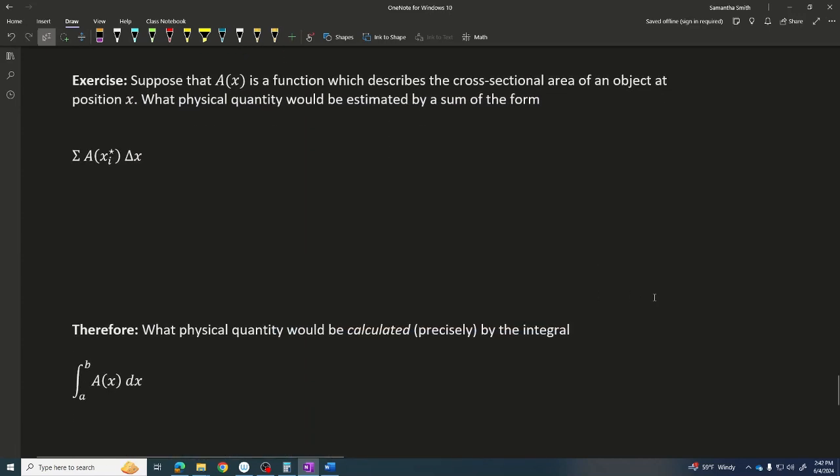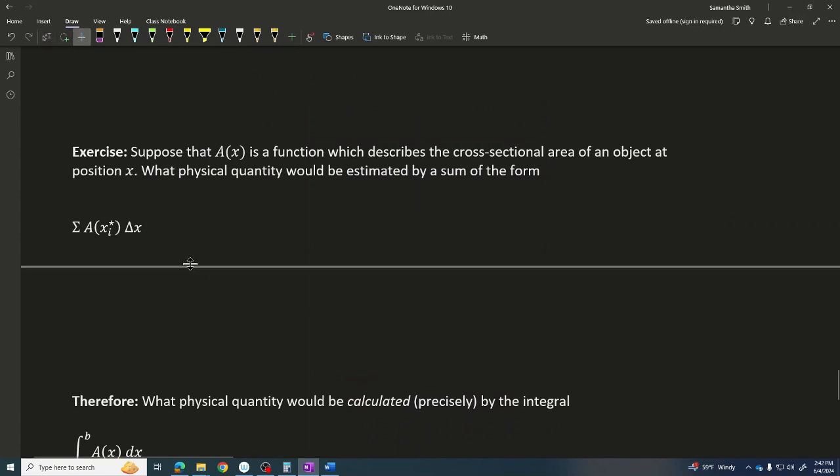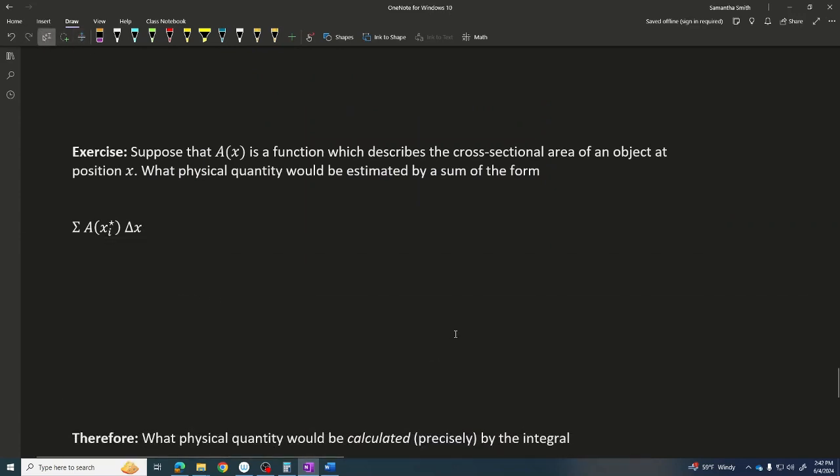Similarly, season 1, episode 2, we were talking about cross-sectional area. If you have a function that tells you about cross-sectional area and you multiply it by delta x, if you take area and multiply it by length, then you get volume. And if you sum together a bunch of areas times lengths, then you get the total volume of your object, but again, this is just an estimate.